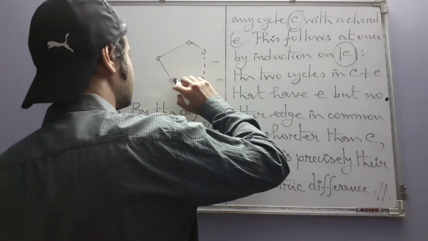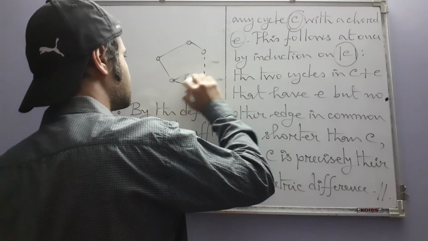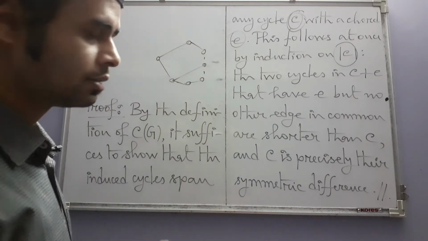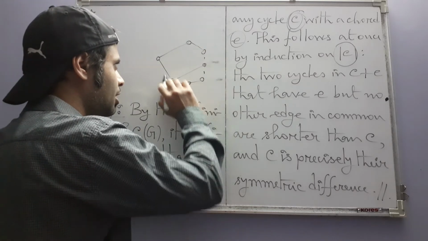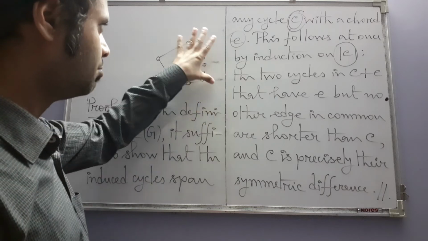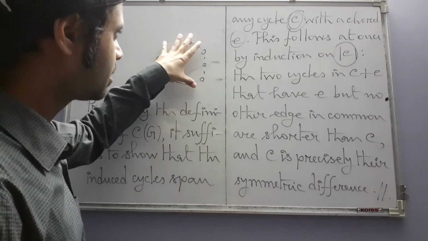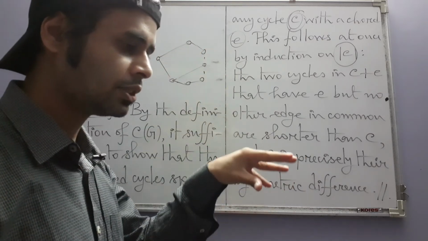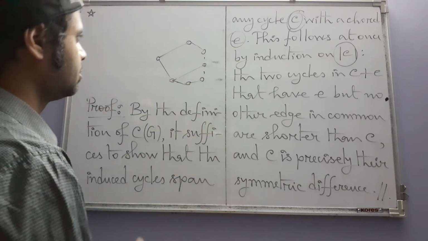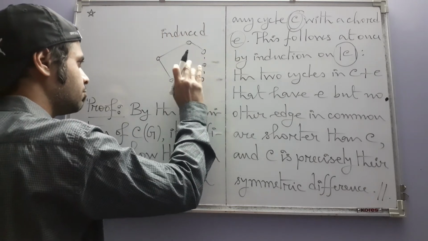Because if you have a chord which joins some vertex of the cycle to some other vertex of the cycle itself, then you can find a smaller cycle, and in fact another smaller cycle. So then how can it be the cycle with the smallest possible size? That's why if in a graph you find a cycle with the smallest possible size, it will be a chordless cycle. That means it will be an induced cycle with no such chord.